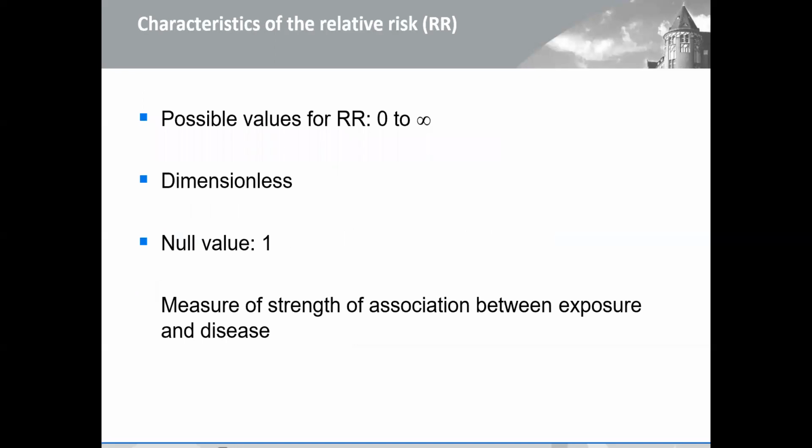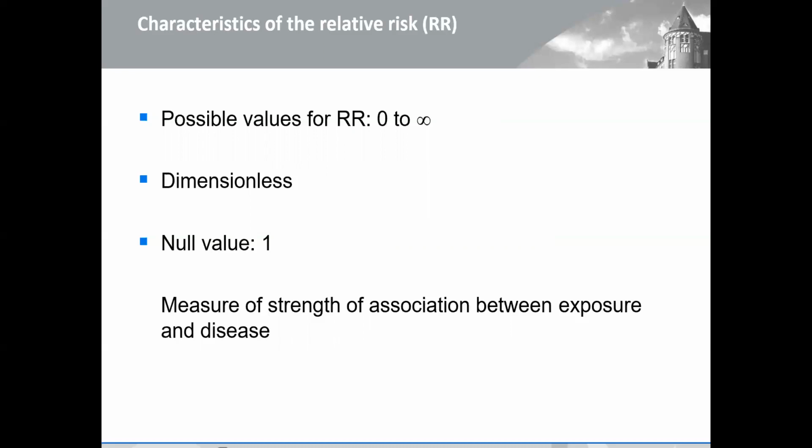What are the possible values of relative risk if you are doing a study? They can vary from 0 up to infinity. They are dimensionless, which means they don't have units. Then a null value, which means a value of 1. How do you get a value of 1?